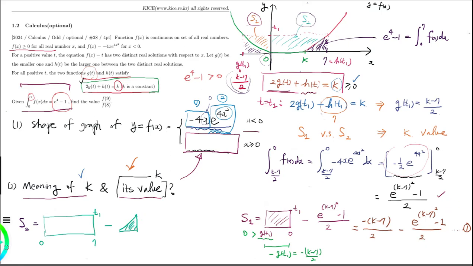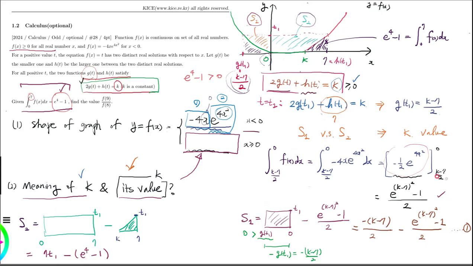This part is from k to 7. The height is t1. And then since it's all positive, we know that 7 times t1 minus the area is e to the 4 power minus 1 here.